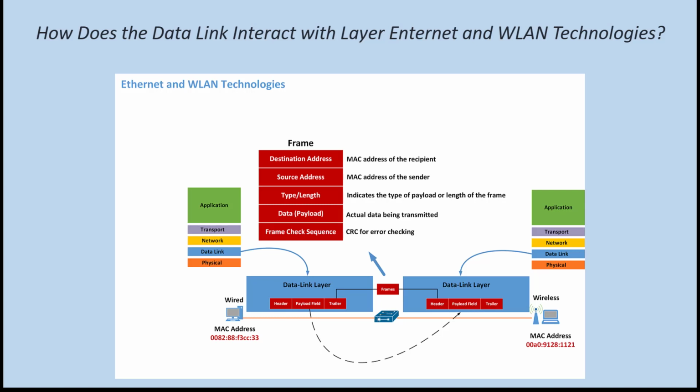In the wired world, especially with Ethernet, it's like the boss determining how data is packaged and zipped through the cables. Imagine it as putting your data in a protective bubble with all the necessary details and error checking. That's what Ethernet frames are all about.